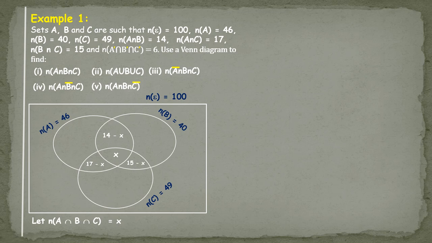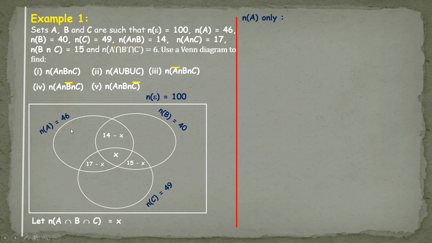You realize that some components of our Venn diagram are lacking information. We don't have what is here, we don't have what is here, we don't have what is here. So it is important that we get to know what is in this region here, and that's what we are going to look at. So number of A only, this part, how shall we get this? Once I get what is here plus this plus this plus this, I should be getting 46.